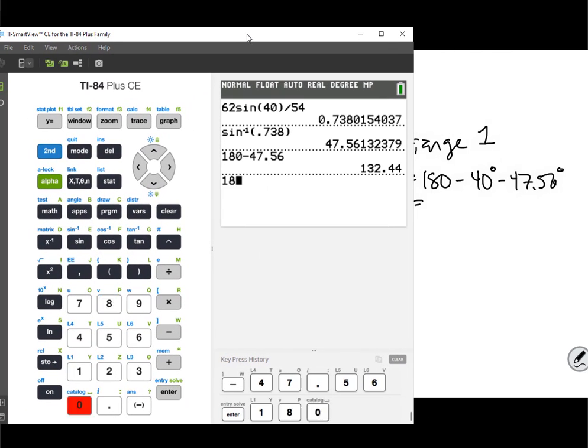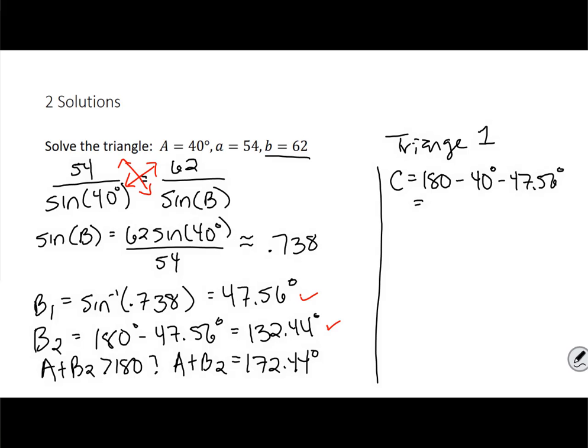So I get 180 minus 40 minus 47.56. So angle C for triangle 1 is 92.44 degrees, and we can call that C1.